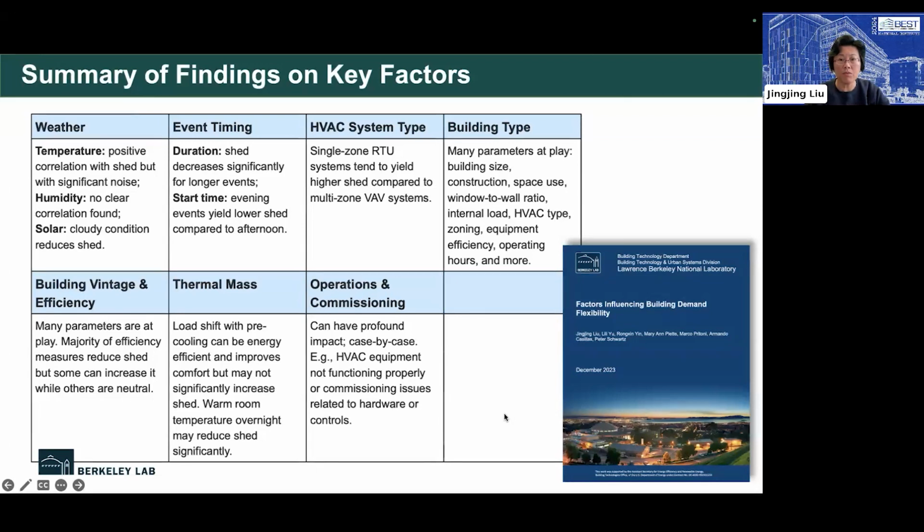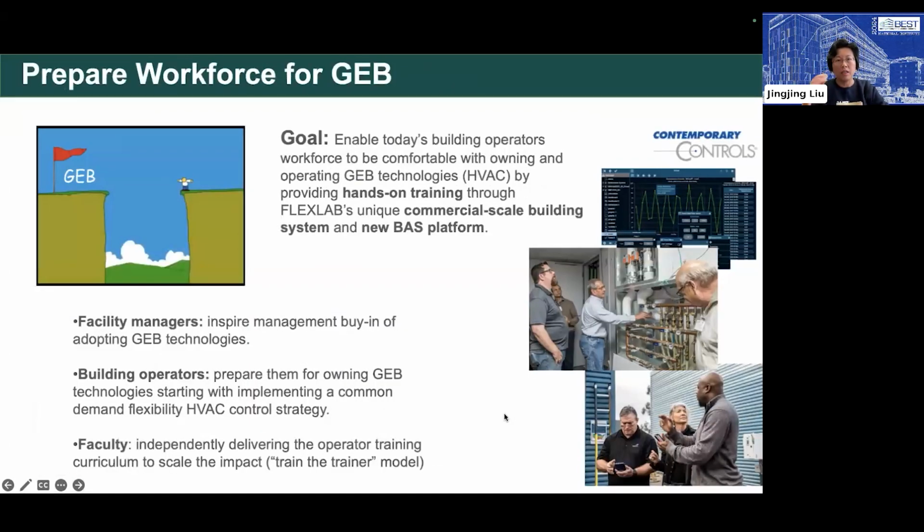And some of this work will also be incorporated into a new training pilot that the LBNL team is collaborating on with BESS Center. We're acknowledging that for our current workforce of building operators, there's a really big gap in terms of being able to help them feel comfortable with owning, operating, maintaining GEB technologies in their buildings.